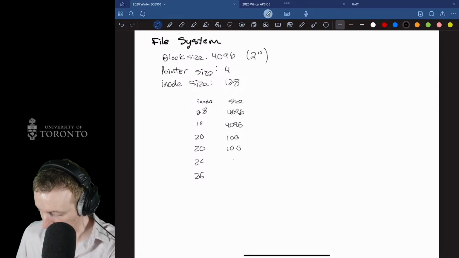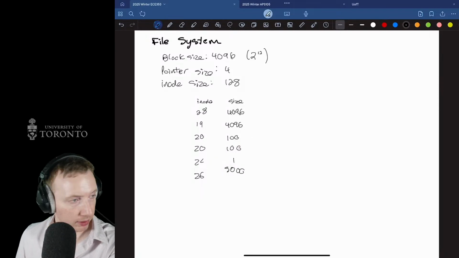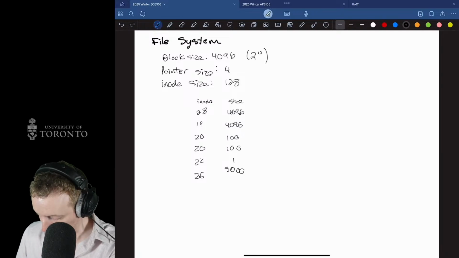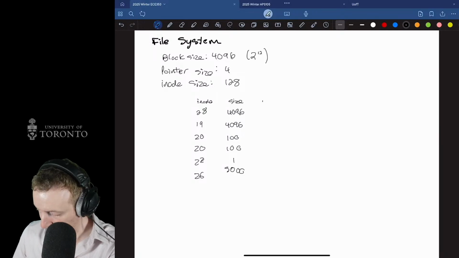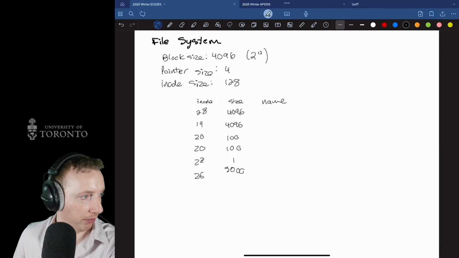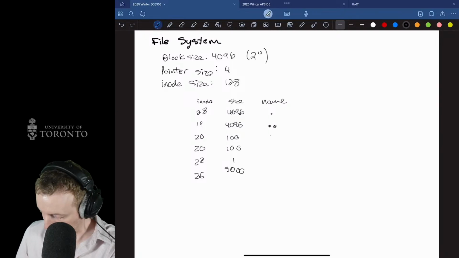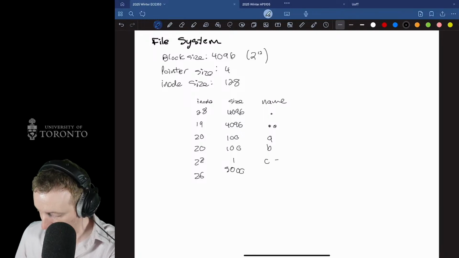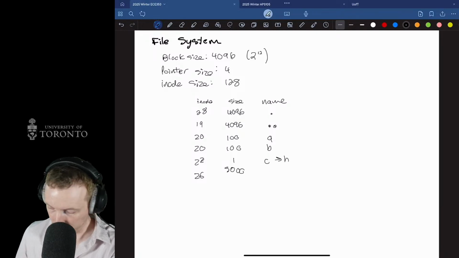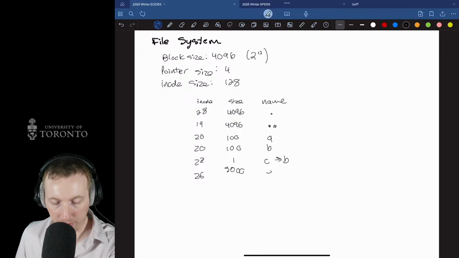Of course, they have to be the same. Then 1 and 5000, and this should actually be 22. The other column is just the name of the file: dot, dot dot, then A, B, and C to B, indicating that it is a symlink, and we have file E.